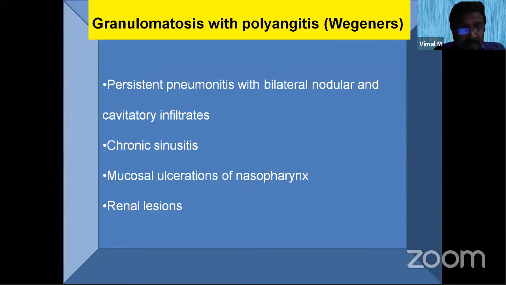Because of the respiratory tract involvement, what features can the patient present with? The patient can present with persistent pneumonitis, involvement of the lung parenchyma with bilateral nodular and cavitary infiltrates. Please mark down these terminologies. Actually, the lung involvement will be in the form of small nodules, and cavity formation will be there.